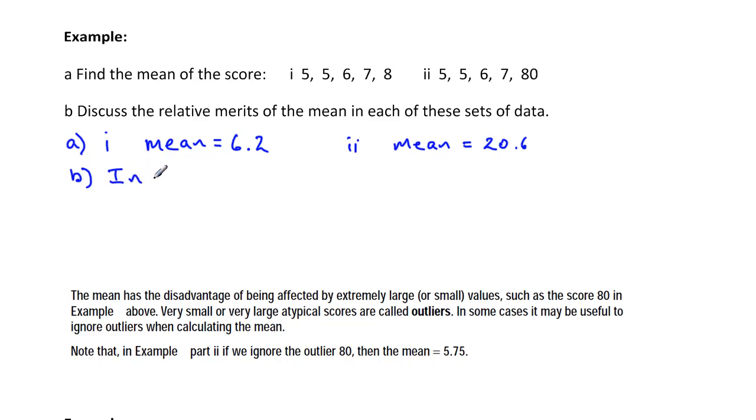In number one, the mean is central, which means it's typical. So it's central and typical of the data.